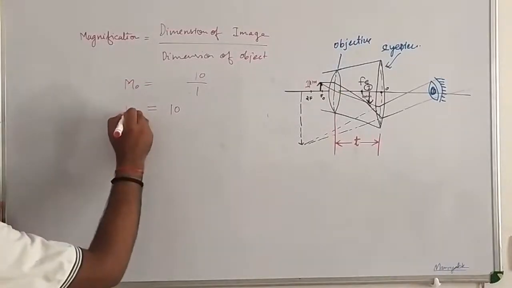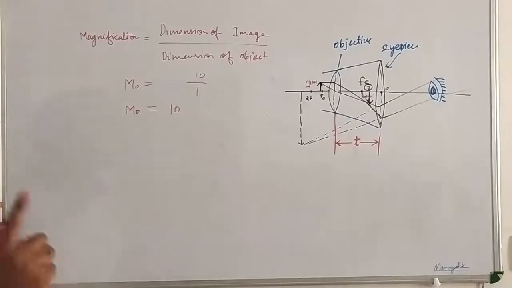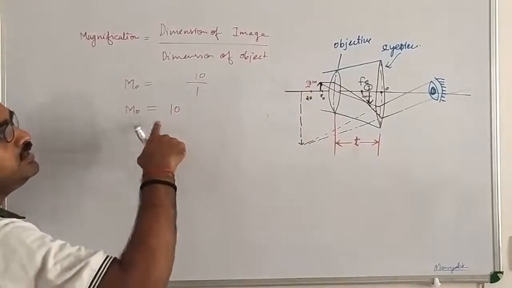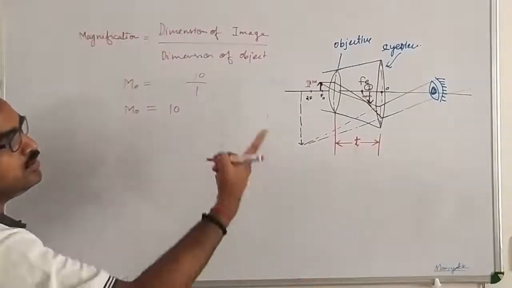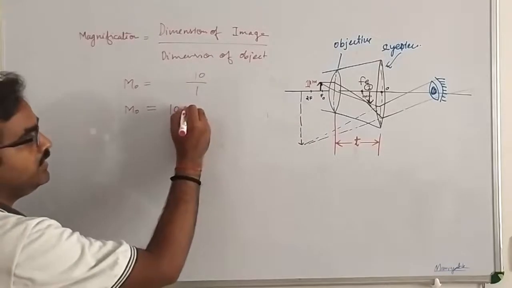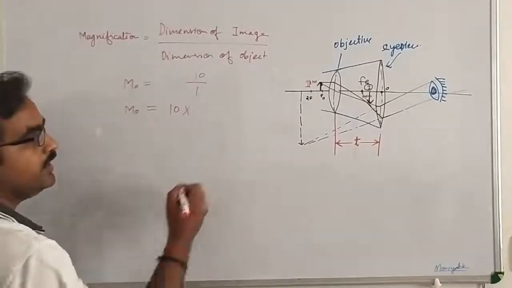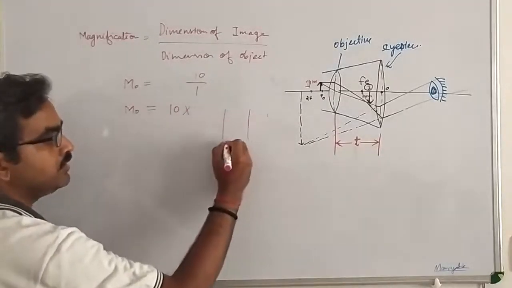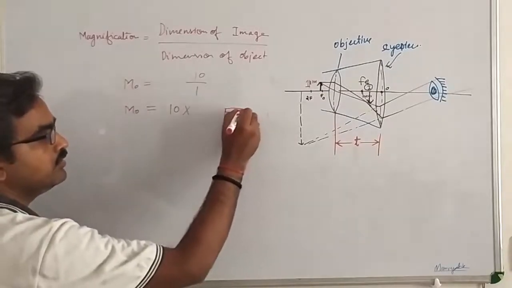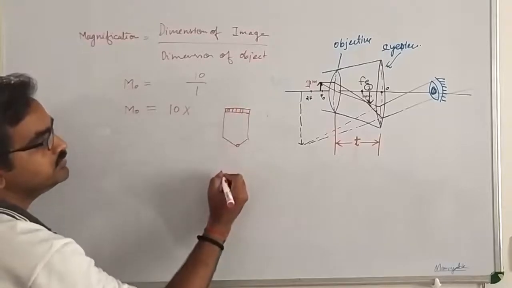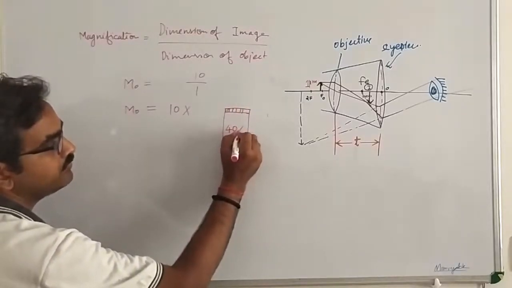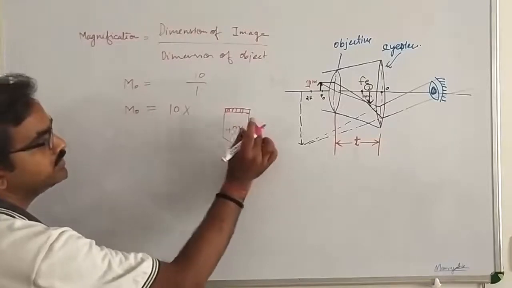How many times can this objective increase the dimension of the object? 10 times. That's why 10x is often carved over the objective lens, like 40x, 10x, 20x.